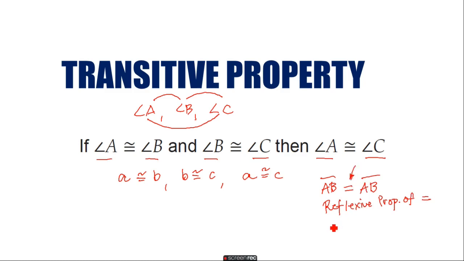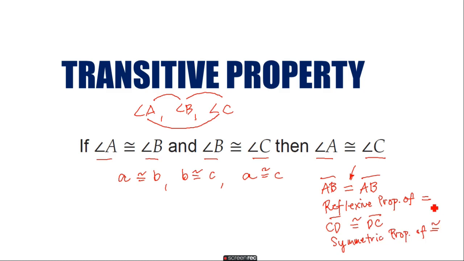But if we say for example, CD is congruent to DC, we use the congruent symbol. So what property is this? This is the symmetric property of congruence, since we use the congruence symbol.